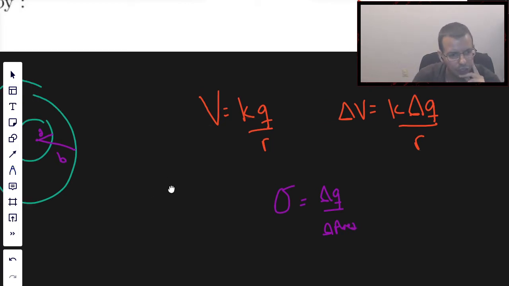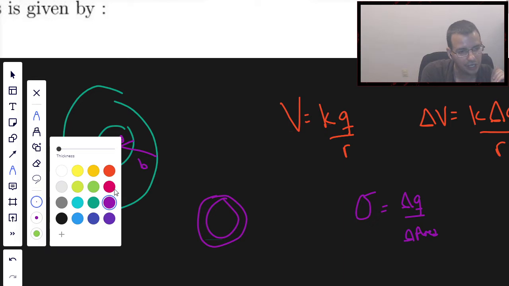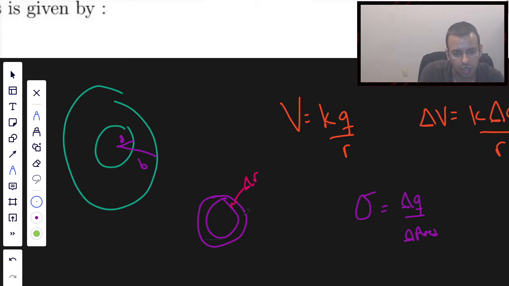And the area we're going to look at is small little circles going on the way out. So starting in the middle, working our way out from A to B, the thickness right here is going to be delta R. And around it is going to be 2 pi R. So the area is going to be 2 pi R times delta R.